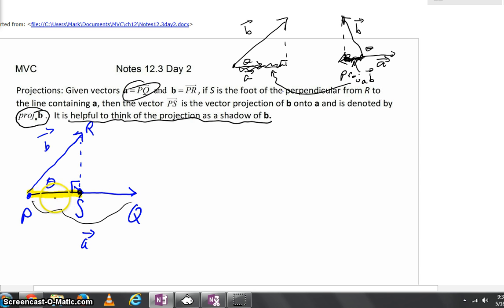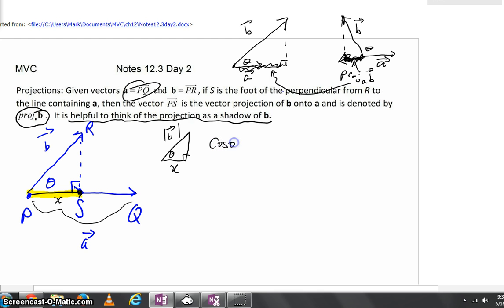Going back to our original picture here, let's call this shadow of vector B onto vector A, the projection of vector B onto A, x. Better yet, let's call its magnitude x. And right now, I think it's pretty obvious we could have a right triangle where we could say this is a length of x, here's theta, and here's a length of vector B, the magnitude of it.